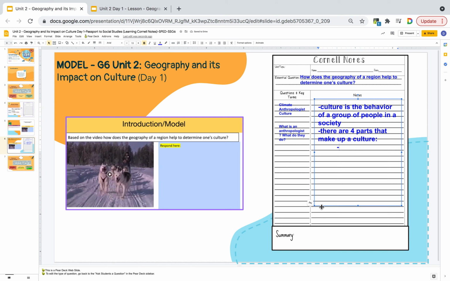After watching the resource, then I can write what this resource is mostly about. I can say something like, the culture of a society is based on where they live, for example. And this is how we would make use of the Cornell Notes strategy using one of our resources.